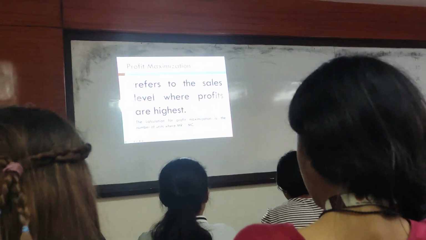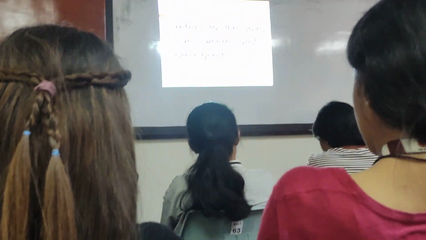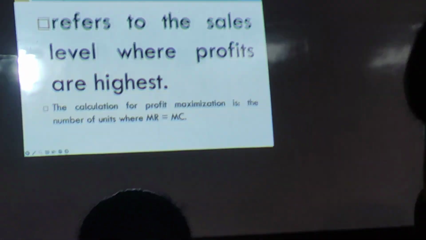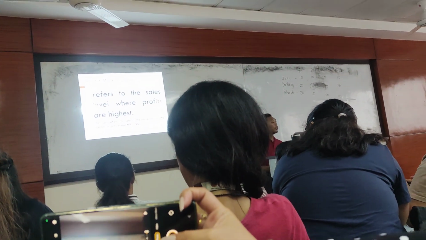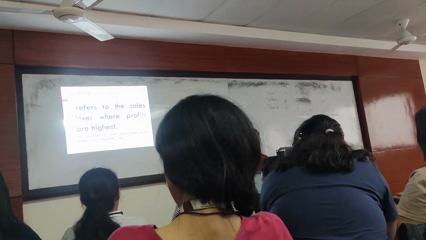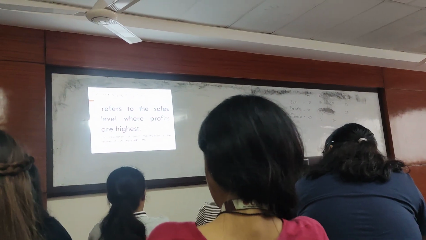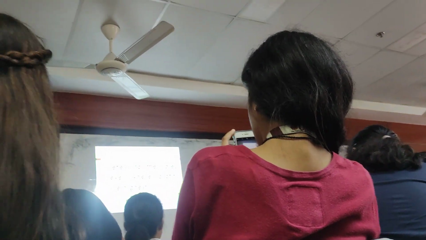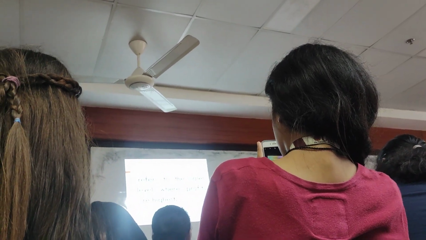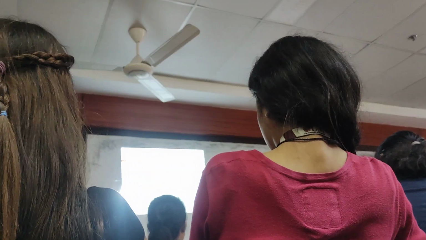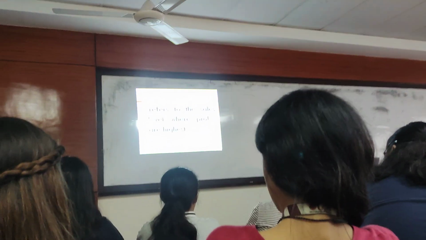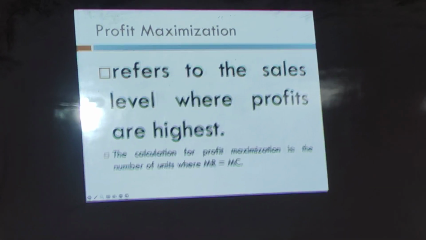Now the golden rule here is that your marginal revenue should be higher than or equal to marginal cost. Meaning, your revenue should be equal to or higher than your cost, your expenses in your business. Again, marginal revenue is equal to marginal cost. That's the golden rule.